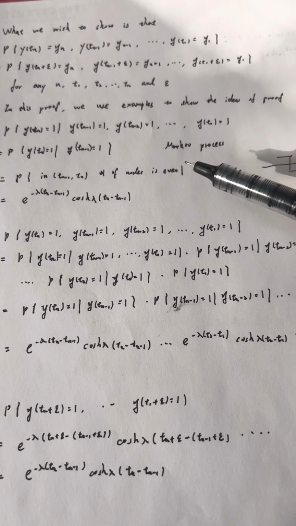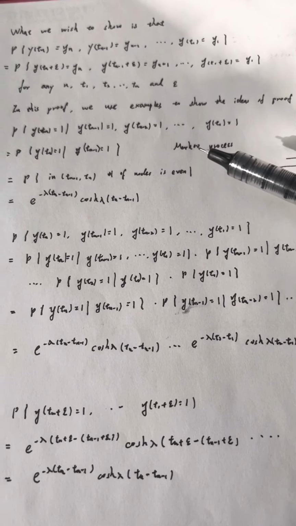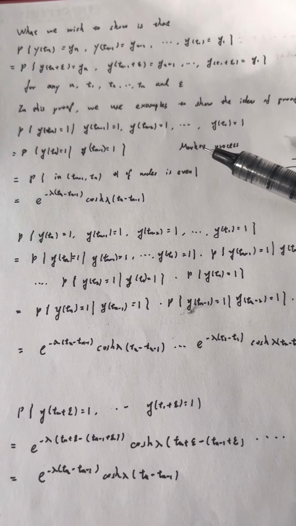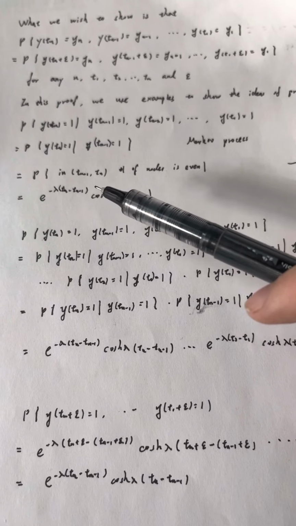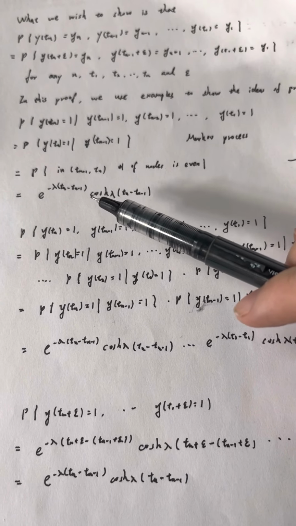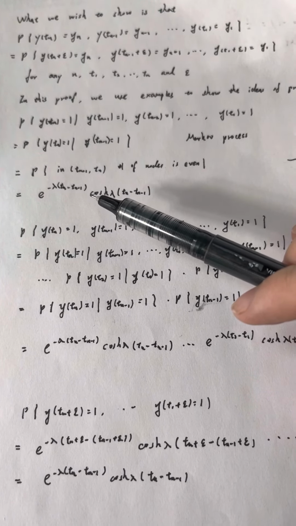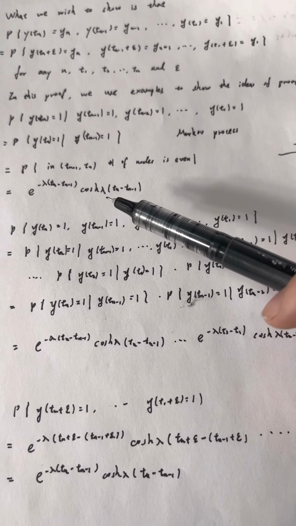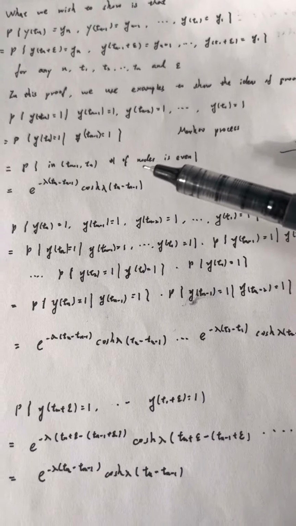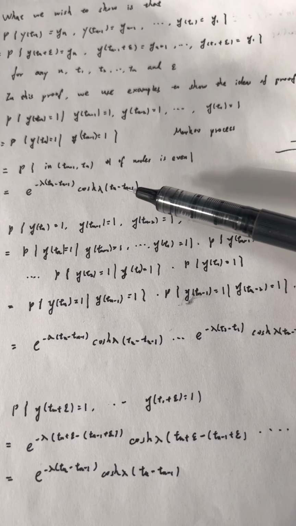And based on the calculation we do for the telegraph signal, we know that this probability equals e to the power of minus lambda times (t_n minus t_{n-1}), times the hyperbolic cosine, cosh of lambda times (t_n minus t_{n-1}).